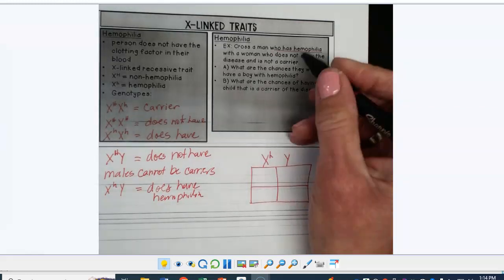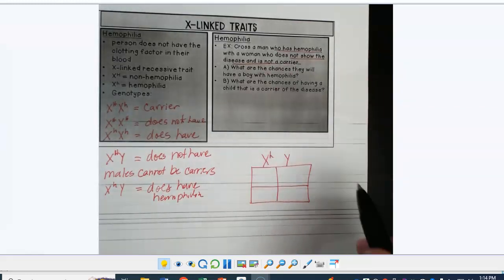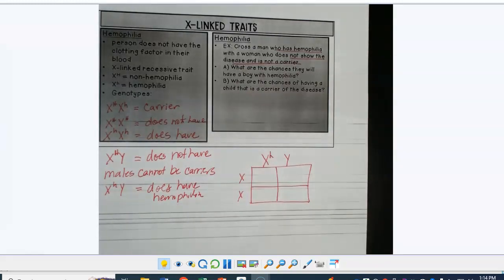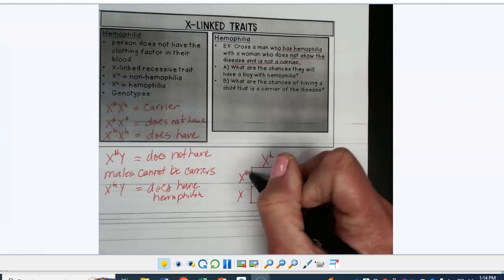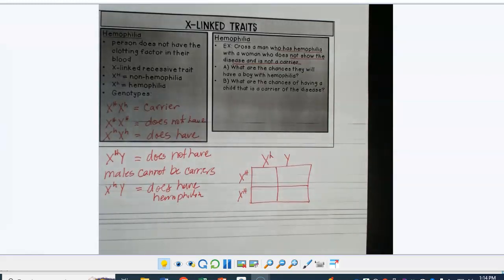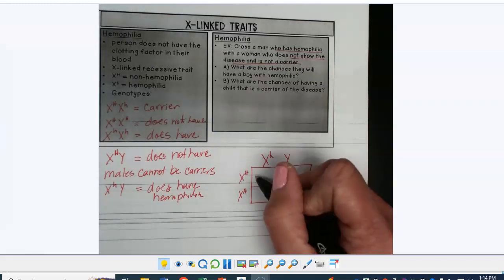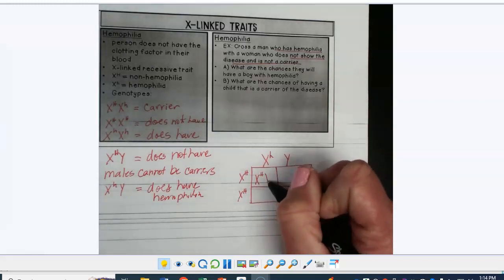With a woman who does not show the disease and is not a carrier. So she has to have two X's since it's a woman, okay? She does not show the disease and is not a carrier. So that means she has two capital H's. If she was a carrier, we would have capital H and lowercase h. So now we're going to put our genotypes together like we've done in the past.